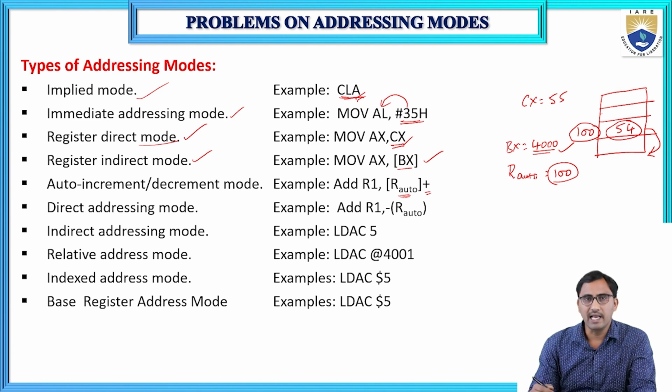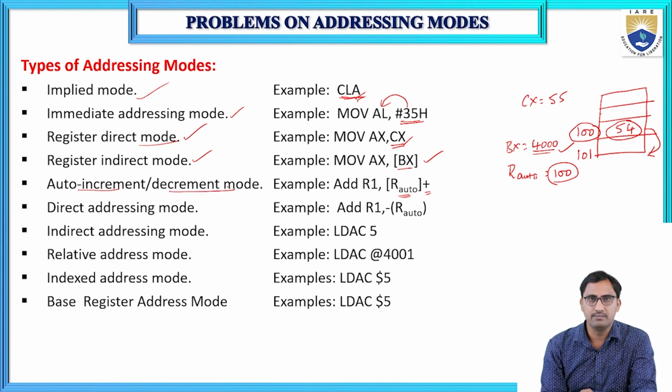That means it will be incremented by 1. So it will go to the next memory location, which is 101. So this is called auto increment. After accessing the operand, its register value will be incremented to the next consecutive memory location. So that is called auto increment.